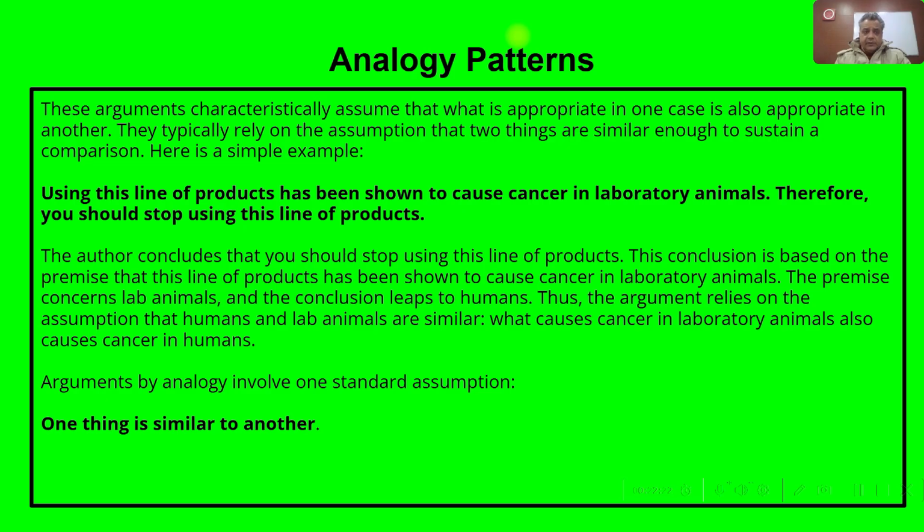This conclusion is based on the premise that this line of products has been shown to cause cancer in laboratory animals. The premise concerns lab animals and the conclusion leaps to humans. Thus, the argument relies on the assumption that humans and lab animals are similar. What causes cancer in laboratory animals also causes cancer in humans. Arguments by analogy involve one standard assumption: one thing is similar to another.